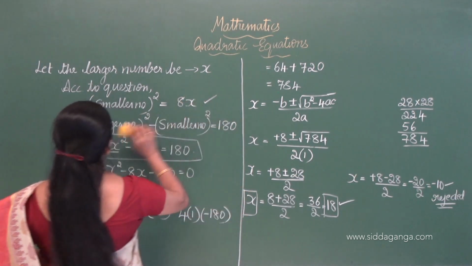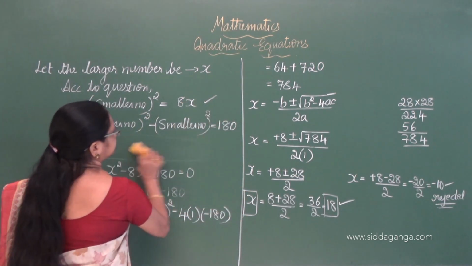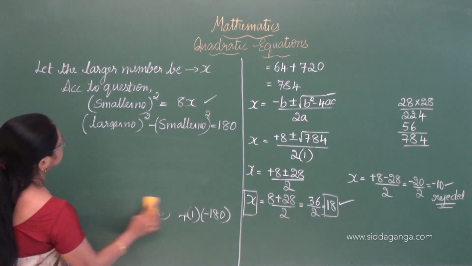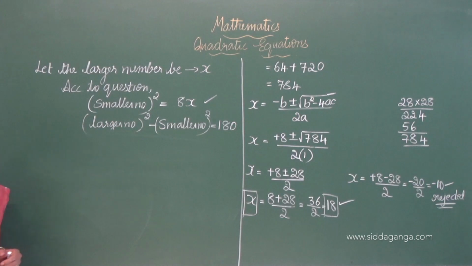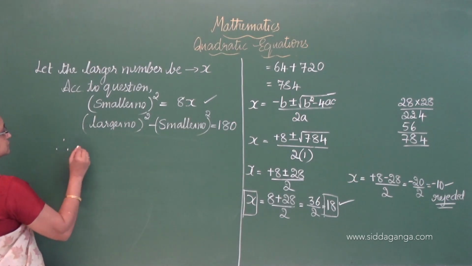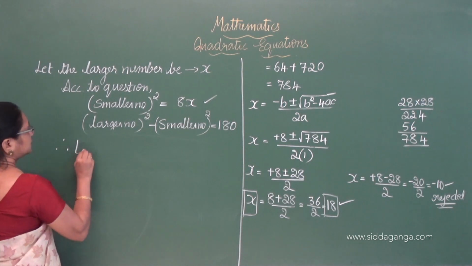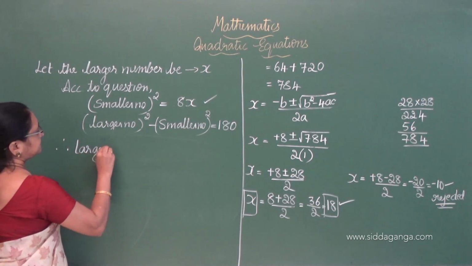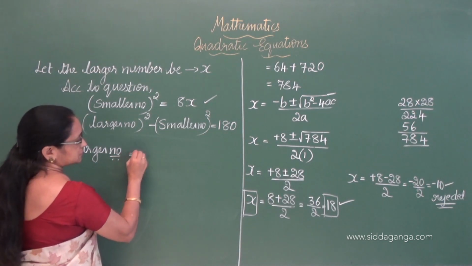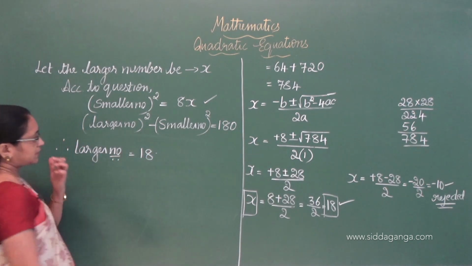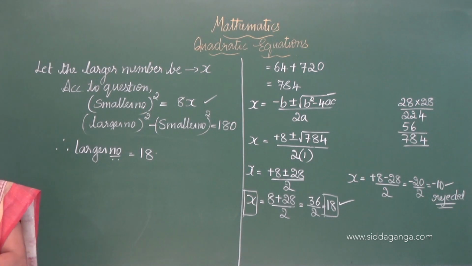So, what is x now? x is equal to the larger number. So therefore, the solution: the larger number is equal to how much? 18. Okay, the larger number will be 18.